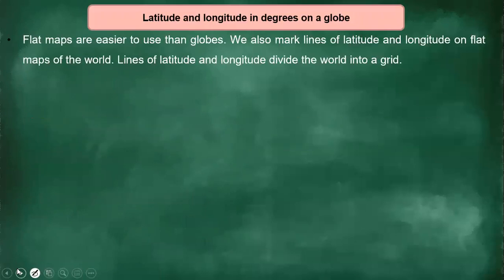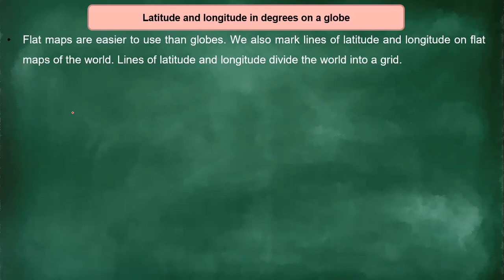So we have the latitude and the longitude in degrees of the globe. Now we are going to look at the degrees of the globe. As I told you, the equatorial line is measured 0 degrees. Flat maps are easier to use than globes. Globes are very complicated. If you don't know geography very well, it will be hard to understand them, compared to reading a flat map, which is paper.